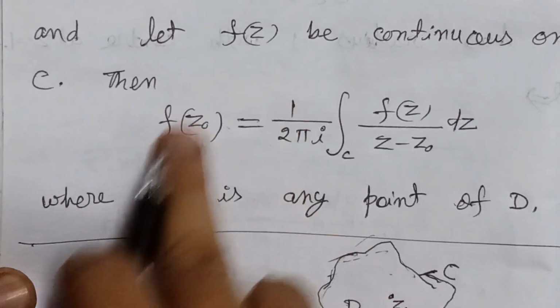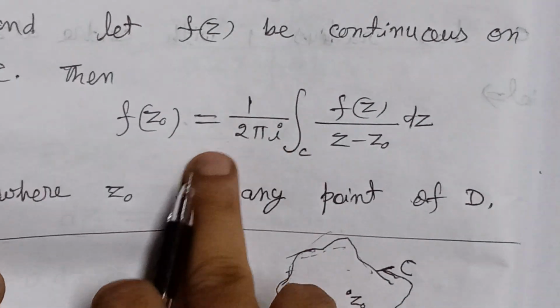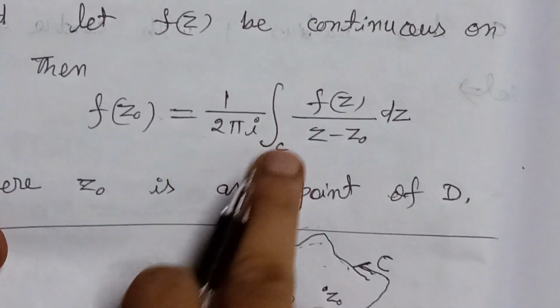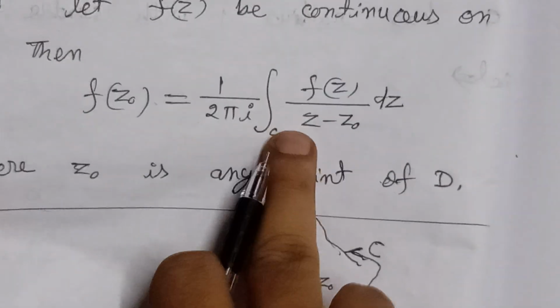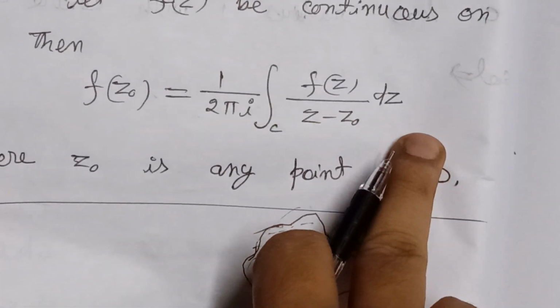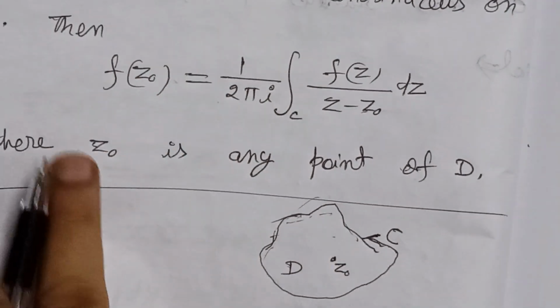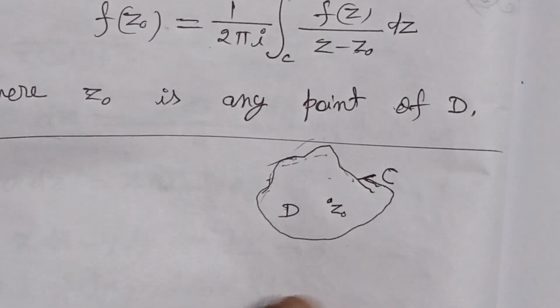Then f(z naught), the value of the function at z naught, is equal to 1 upon 2 pi i integration along C of f(z) upon (z minus z naught) dz. Here z naught is this point which is inside D.